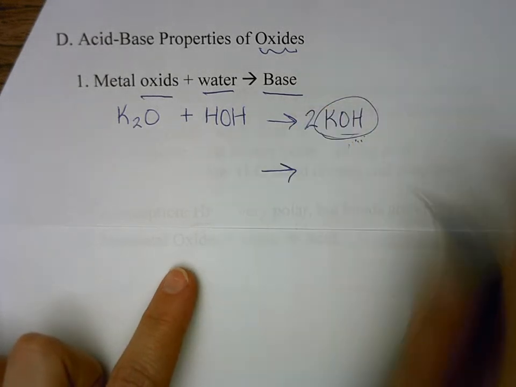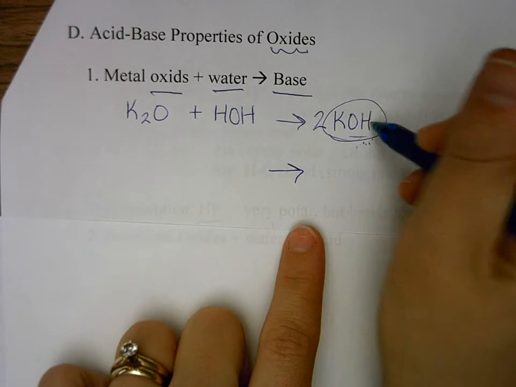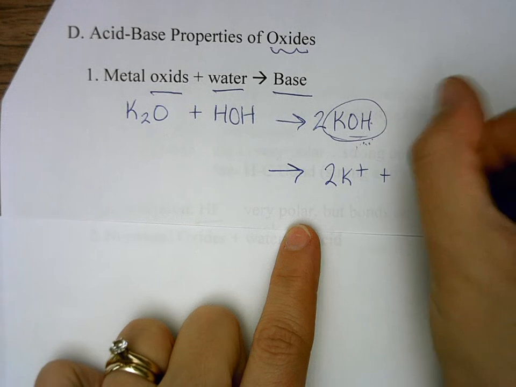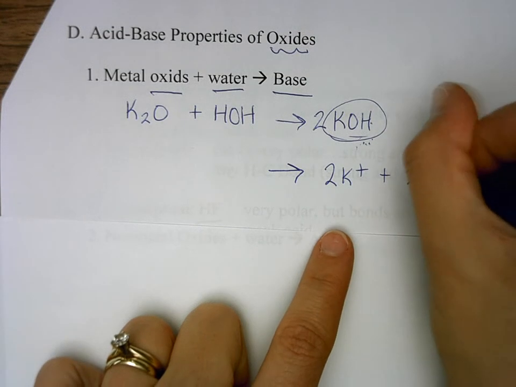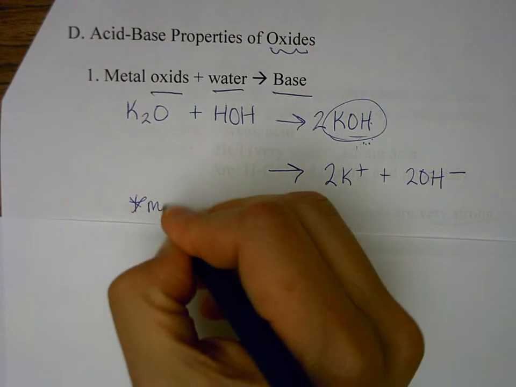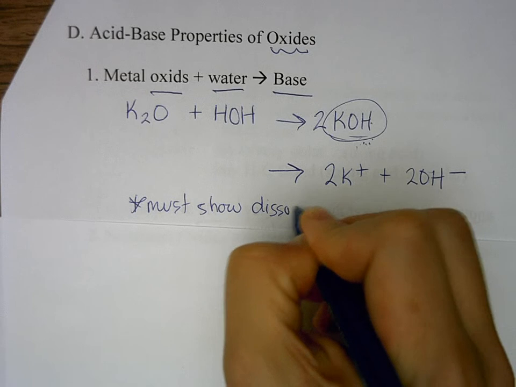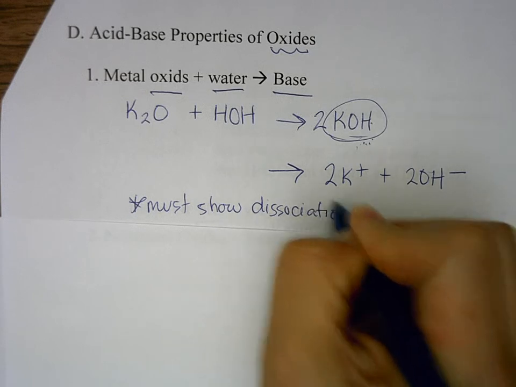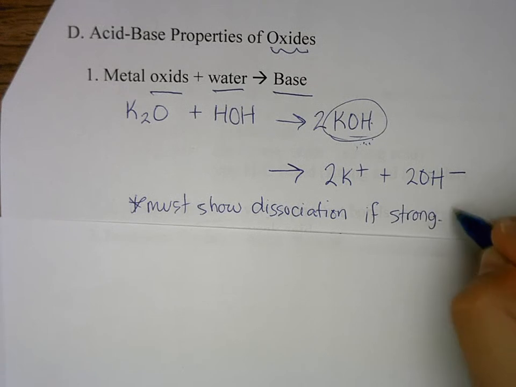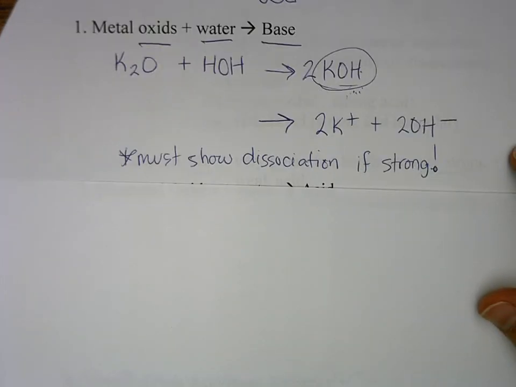What you would have to write instead would be the dissociated products, because this is a strong base that forms, so I would end up with 2 K plus ions plus 2 hydroxide ions as my product. So you must show the dissociation if it's strong. Otherwise, it doesn't count. So just pay attention to that.